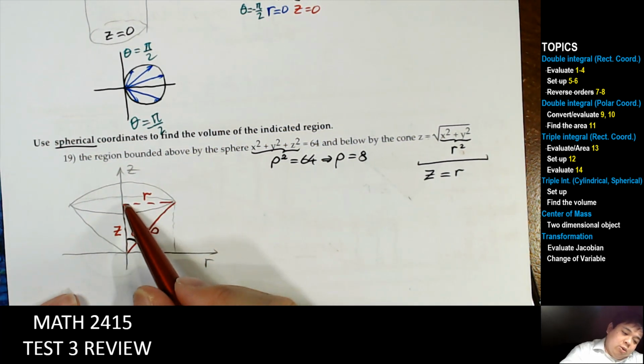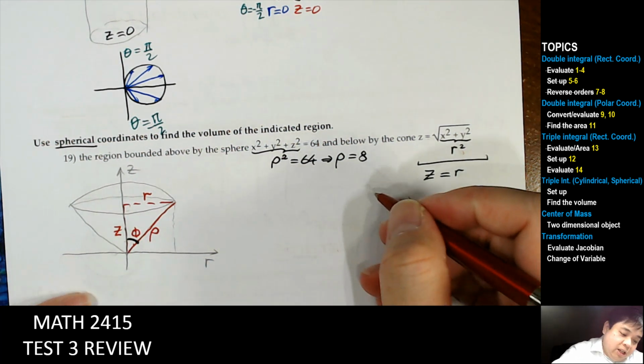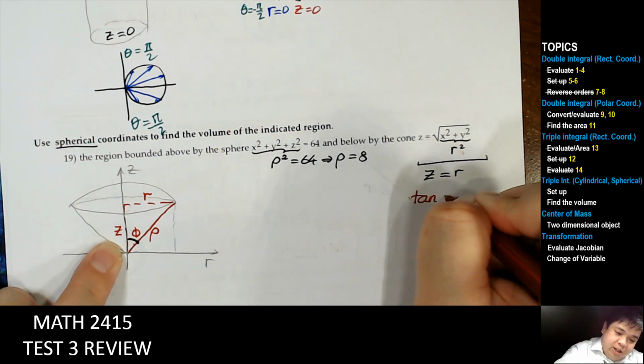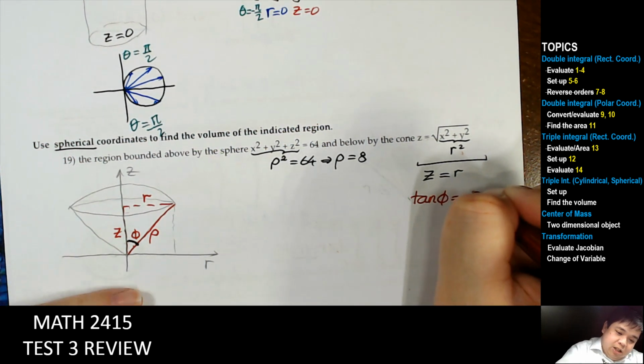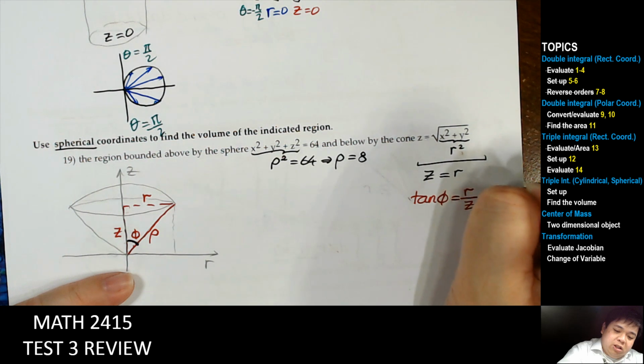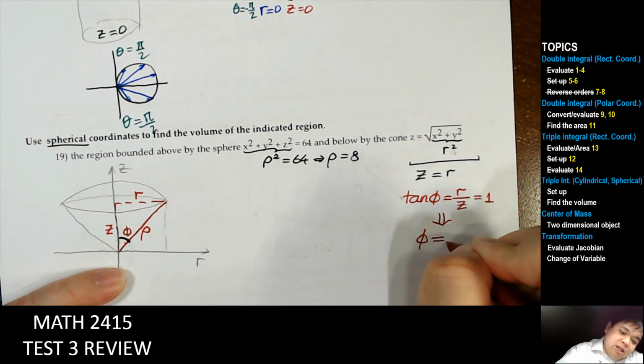So with respect to this right triangle, with this angle phi, opposite over adjacent is tangent. So tangent of phi is equal to opposite over adjacent. Since they're equal, this is equal to 1. Inverse both sides, we have phi is equal to pi over 4.